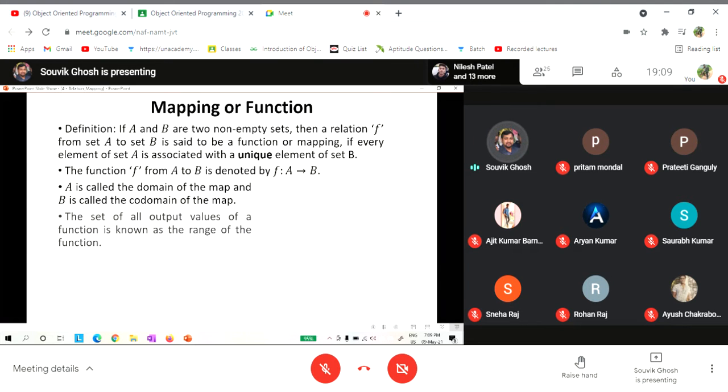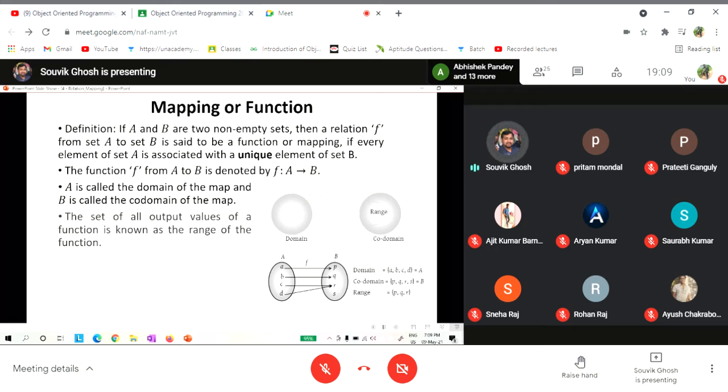And the set of all outputs, that is, the collection of the elements in set B which are actually related to set A, is called the range of the function.